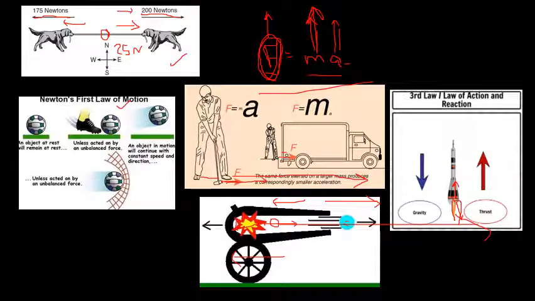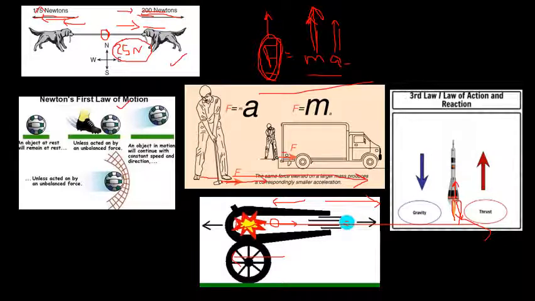So this is called net force. You just look at the directions that the forces are being applied, and then the amount of force being applied. Since they're going in opposite directions here, we subtract 175 from this 200, and that leaves us with 25 newtons.